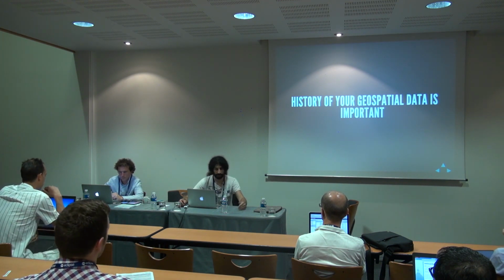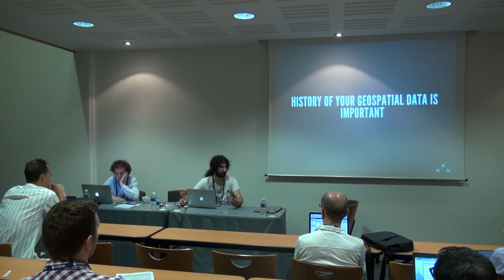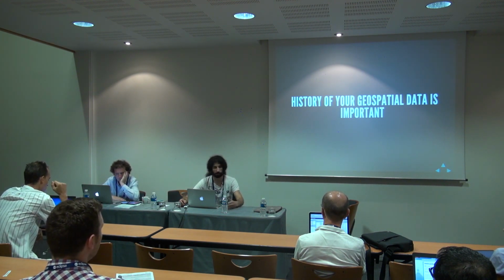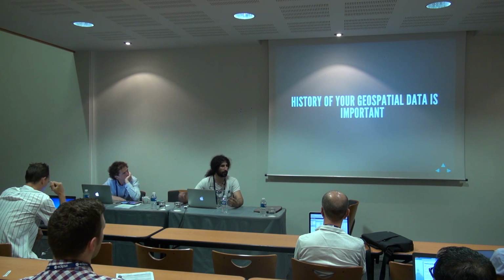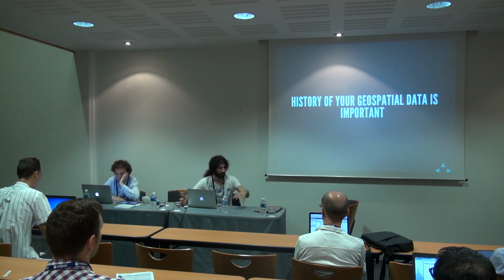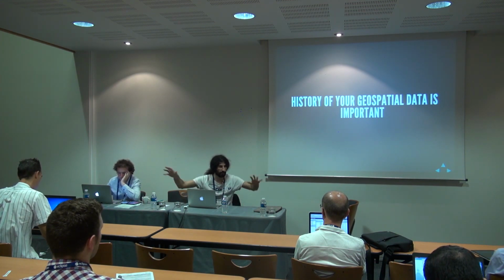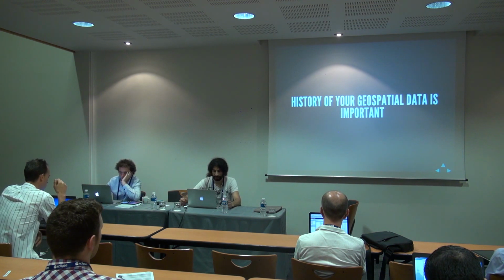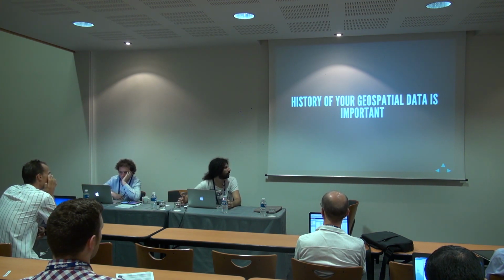So the history is important because the data itself has some history, right? It's important to keep track of that, and not keep it separate because it's the same data. It's more interesting to have it in a central place where you have the same data and different versions, not different files or different things that represent the same data at different moments.